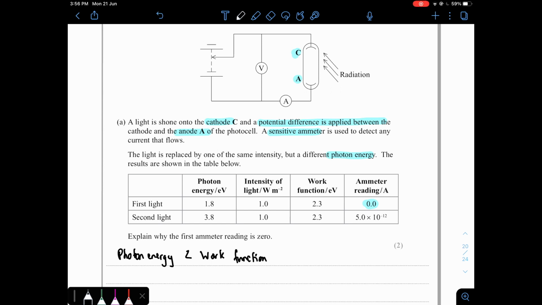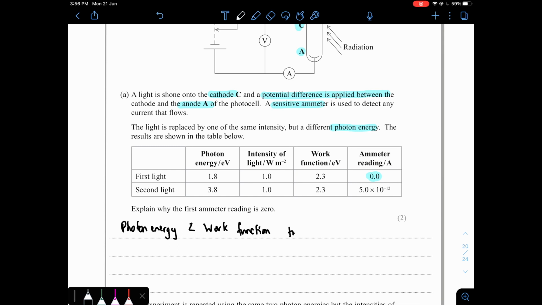This means that there isn't enough energy for electrons to be emitted.